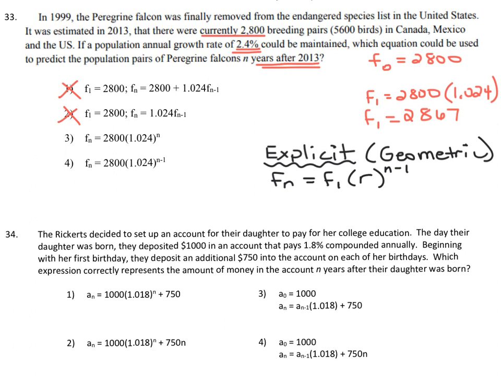So f sub n, let me just plug in the numbers here. f sub n would be equal to f sub 1, which is this, times r, which is 1.024, to the n minus 1 power. Okay, so this is the explicit formula. Now, if you look at these two answer choices, this doesn't match up with either one of those. So what are we going to do?